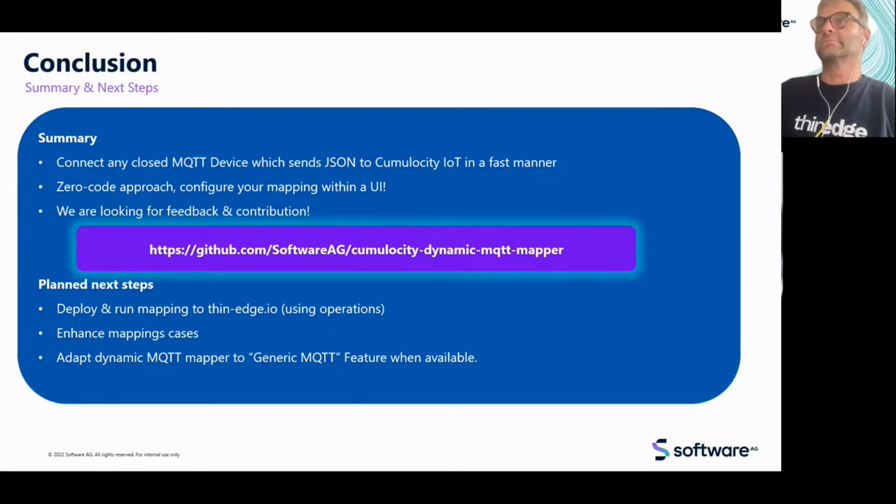Or even if you're looking forward to using that, we're also looking forward to your contribution, of course, because this is an open source component. You can have a look at it and how we can adapt it in a way that we can support the most use cases we can think of using JSON. So we are really happy if you approach us and for your contribution.